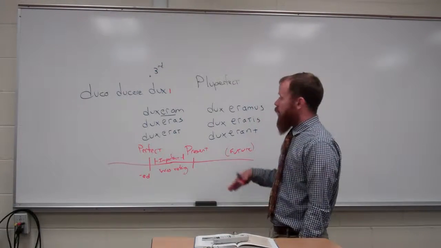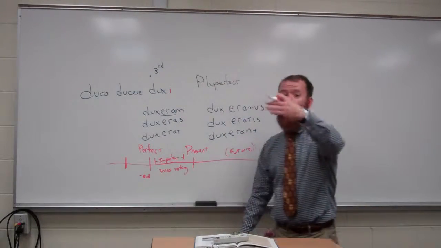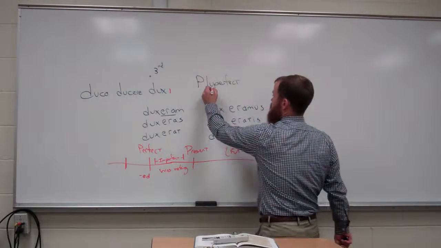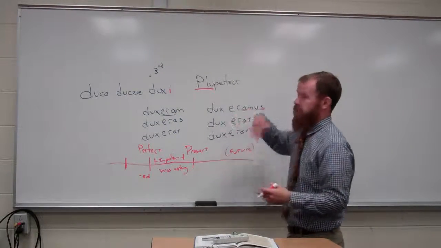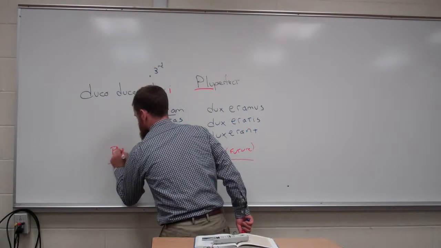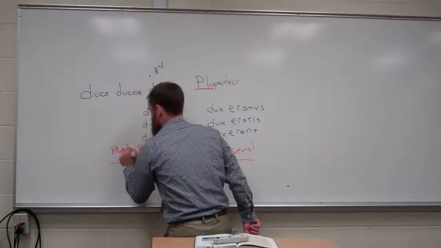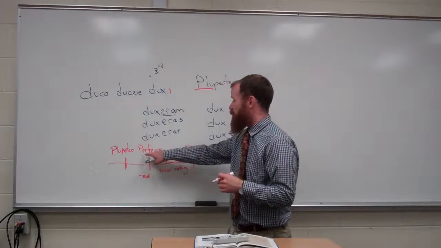The pluperfect is more past. Literally, it's in its name. From the word plus, meaning more, perfect, more past. And the pluperfect shows actions that have happened before the perfect.